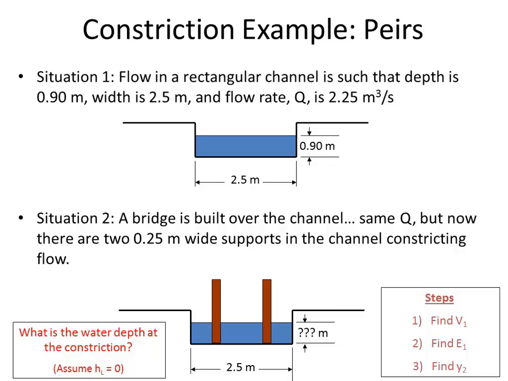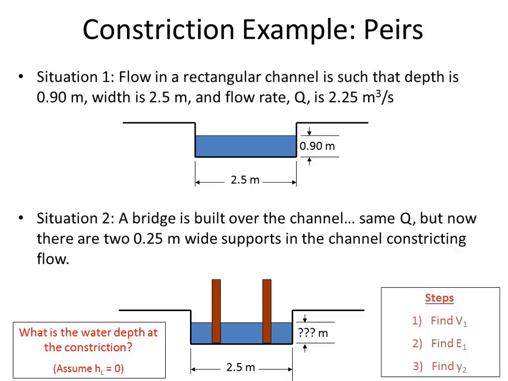We'll find the velocity at 1. Velocity at 1 is just going to be q divided by a1. So that's 2.25 cubic meters per second divided by 2.5 meters wide and 0.9 meters depth. So the velocity at 1 is 1 meter per second.